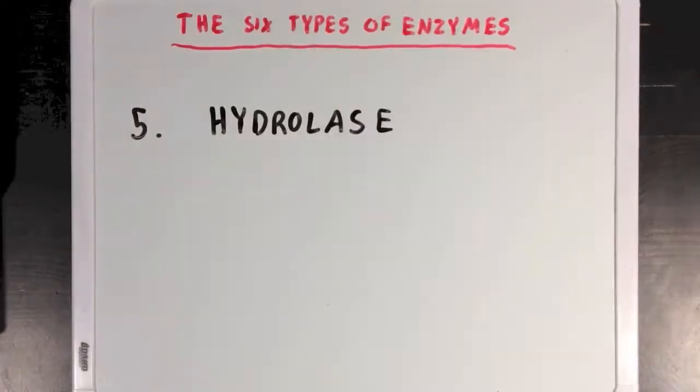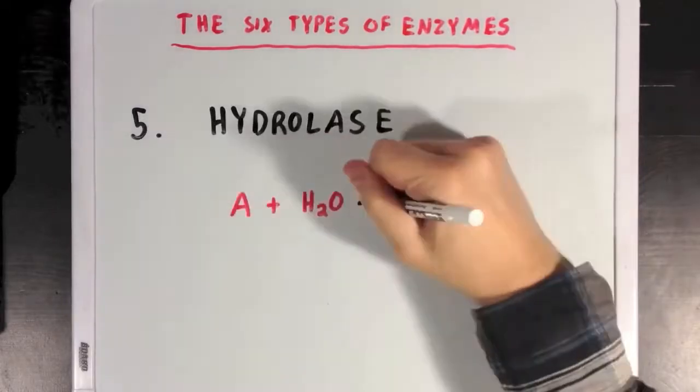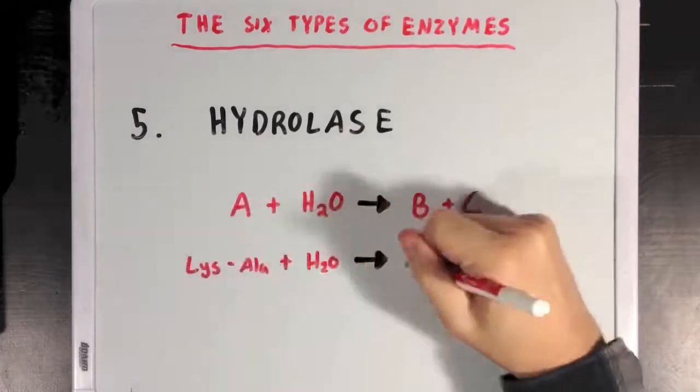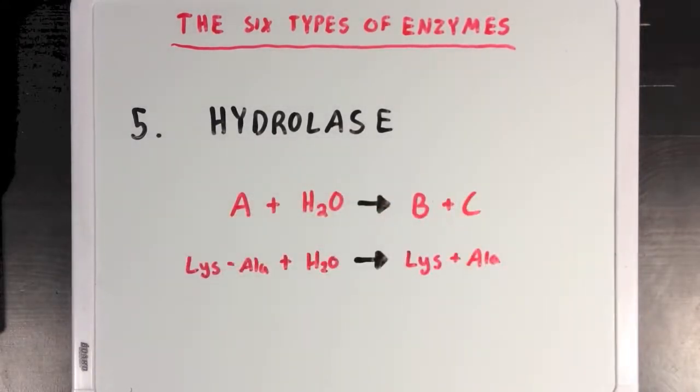Now, our next category is the hydrolase category, and hydrolases use water to cleave a molecule like molecule A into 2 other molecules, B and C. A great example of one of these reactions is the hydrolysis reaction that can occur to peptide bonds. If we have this lysine-alanine dipeptide here, it could be reacted with water to form two individual amino acids that are no longer bound.